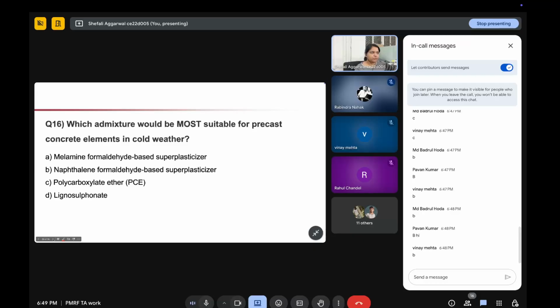Which admixture would be more suitable for precast concrete elements in cold weather? Melamine formaldehyde based superplasticizer, naphthalene formaldehyde, PCE based, or lignosulfonate? A. Okay.